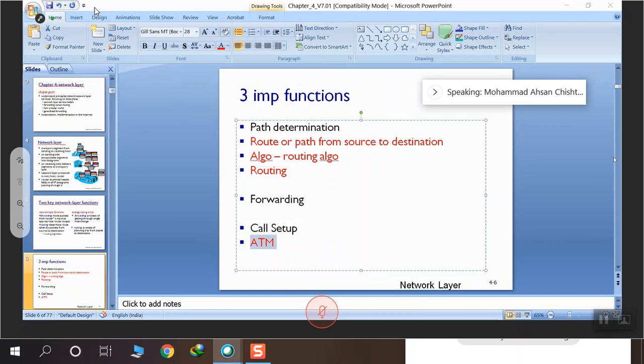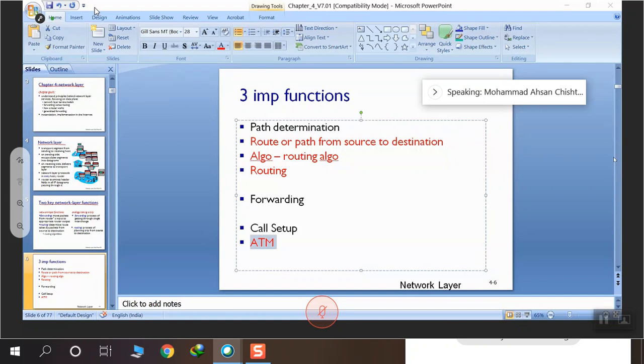The network layer here is responsible for doing this setup. There can be an interesting question that can be asked in an exam. The next layer that we are going to study is the transport layer. In the transport layer there is a three-way handshake.